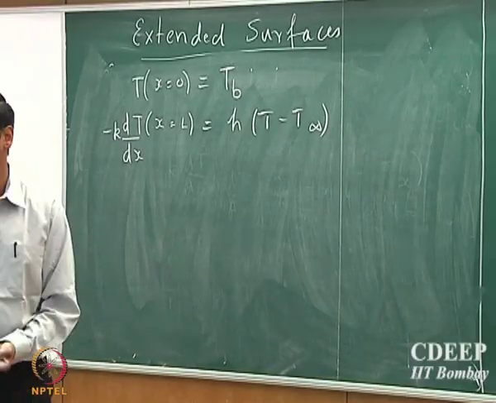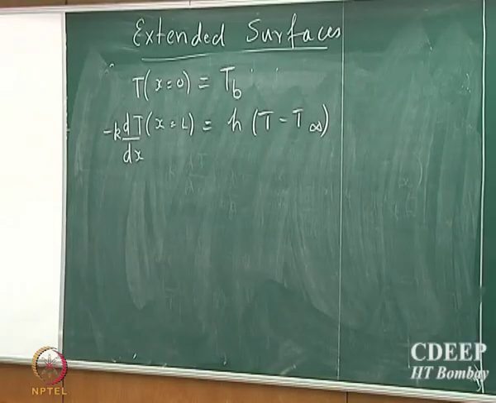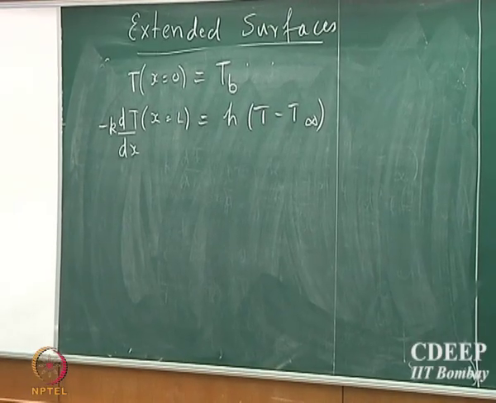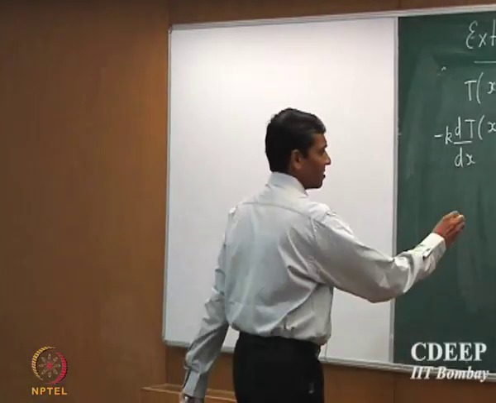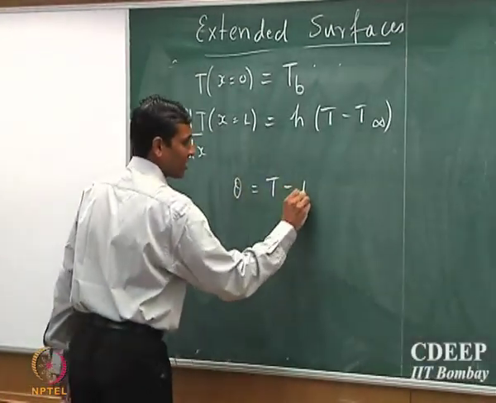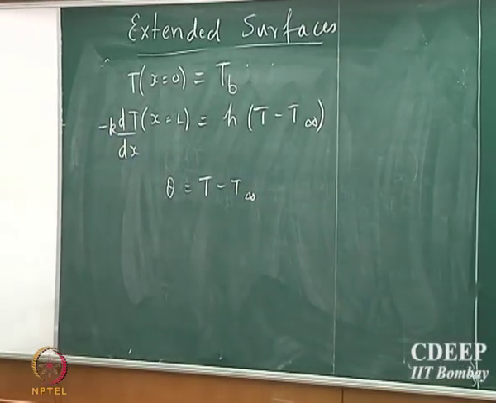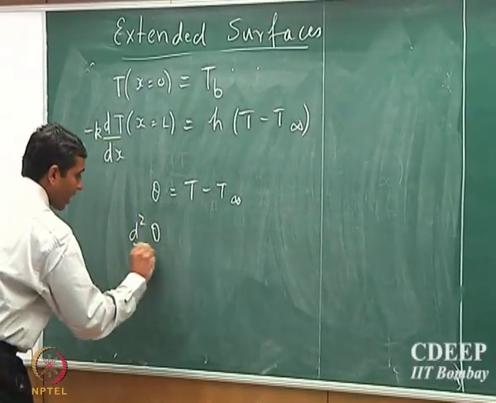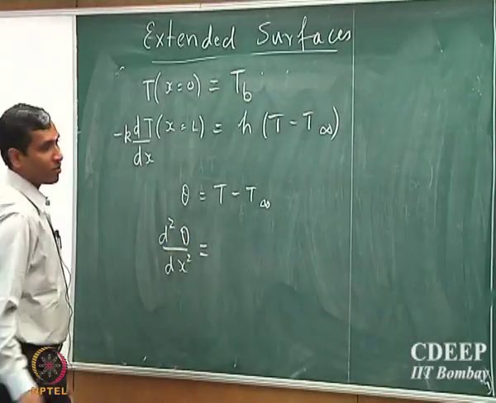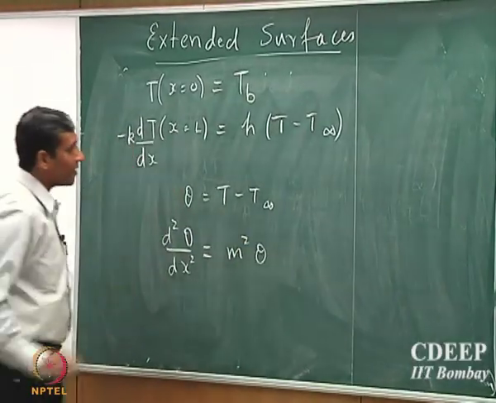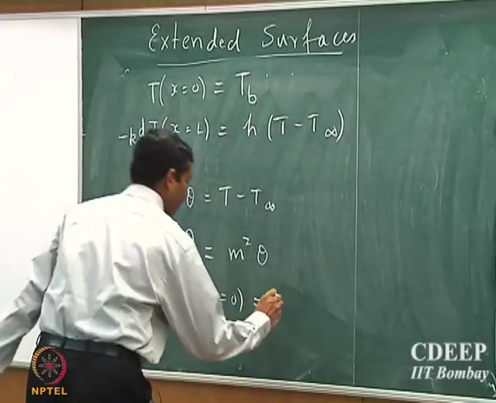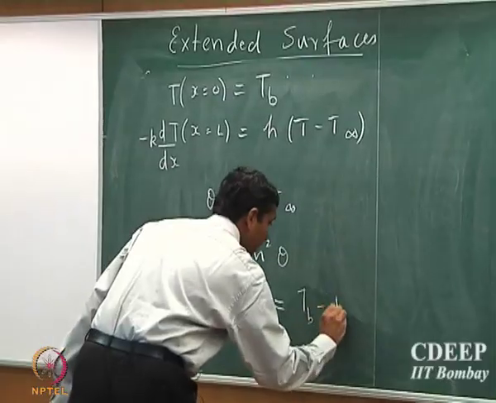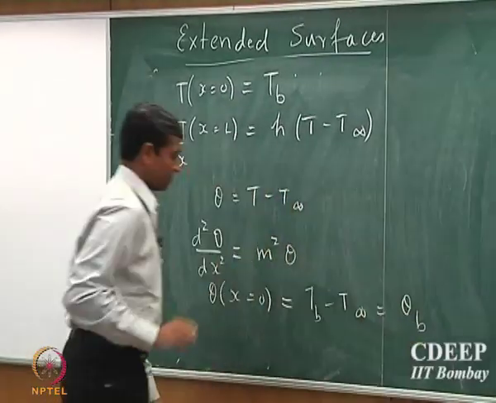How do we solve this equation? Yeah, not that hard. Some exponential. So you say theta is T minus T infinity, you make a substitution, and then this will become d square theta by dx square equal to m square theta, and theta at x equal to 0 is Tb minus T infinity, which I can call theta b, right?